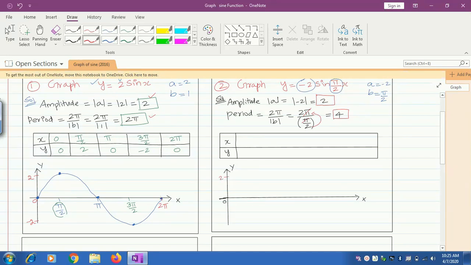Amplitude is 2 and -2, and the full period is given by 4. What is the half of this? Half is 2. What is the half of this? 1. So multiply by 3. So I write 0, 1, 2, 3, 4. So this is my x value.